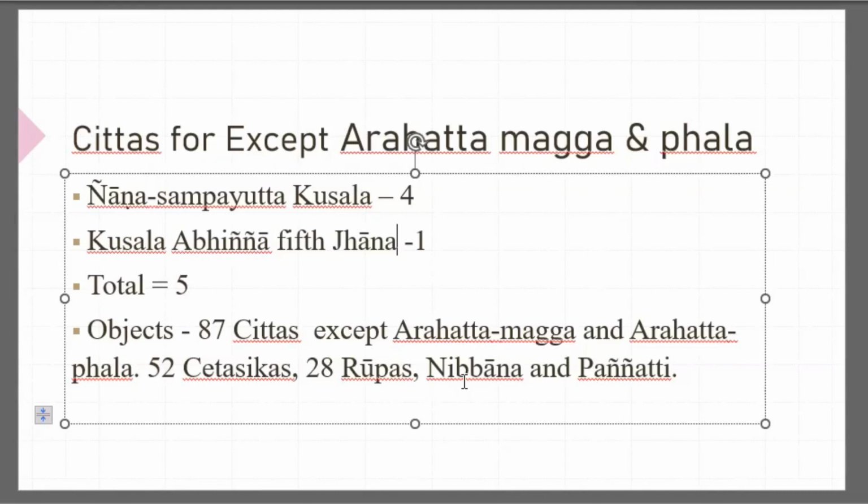If so, when we make some aspiration, because of this wholesome deed, may I attain Nibbana? That's not the real Nibbana. That we call conceptualization, the concept of Nibbana.